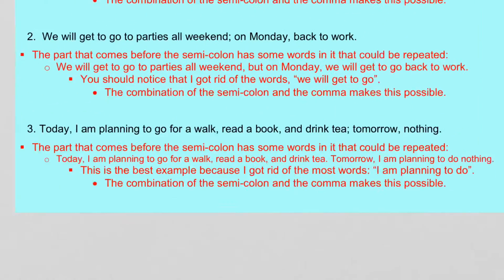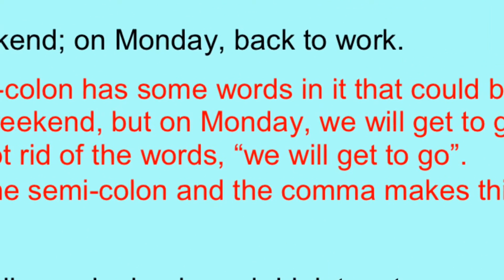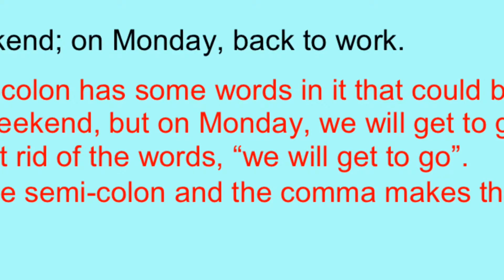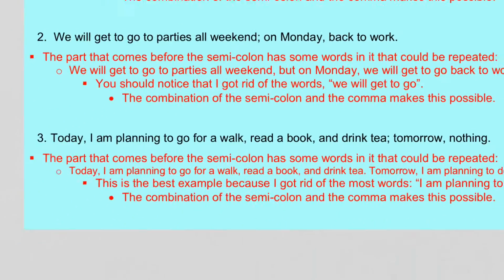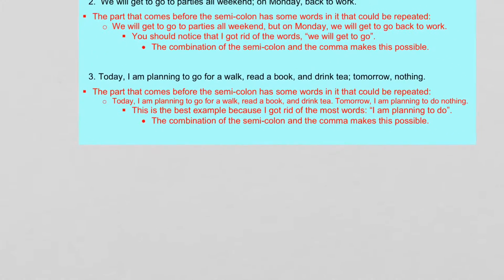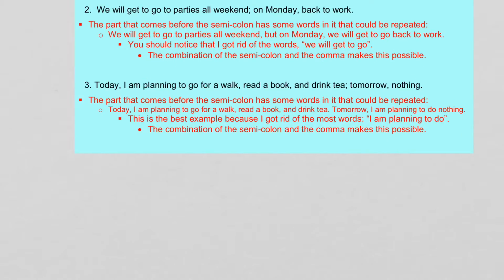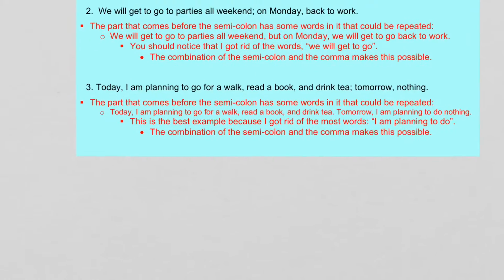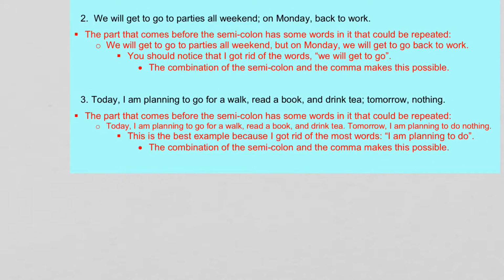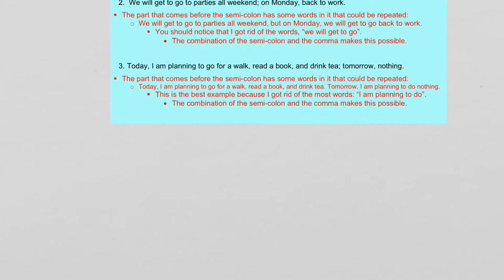Because we've got this comma here, right, that's used instead of the words we will get to go, we have a shorter sentence, and I think it sounds better. And again, the combination of the semicolon and the comma is what you need, right? We will get to go to the parties all weekend, semicolon, on Monday, comma, back to work.